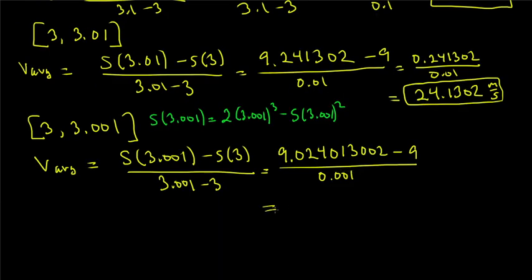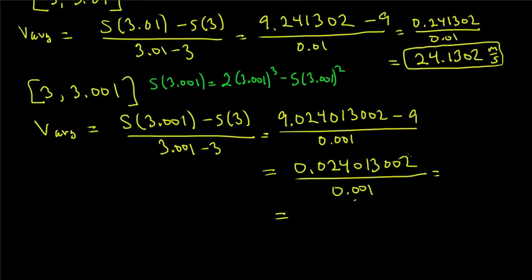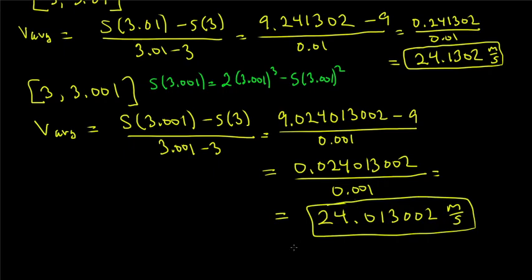So the difference is 0.024013002, divided by 1/1000th. So that turns out to be 24.013002 meters per second. Okay, so now you see the pattern here.